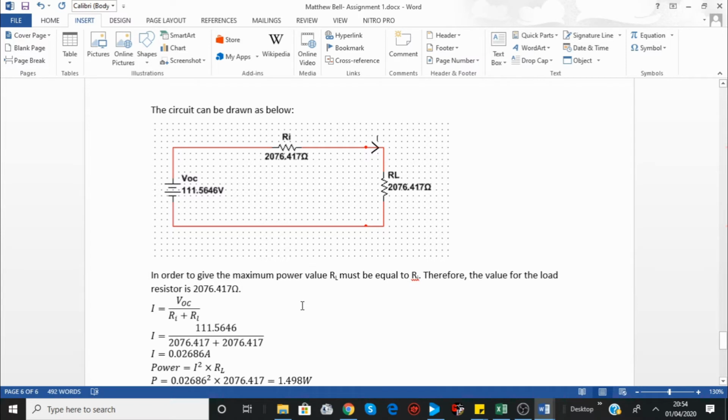So to find the maximum power, the formula for power is I squared times RL. So we have to find I, square it and multiply it by RL. To find the maximum power, we need to find the current first.